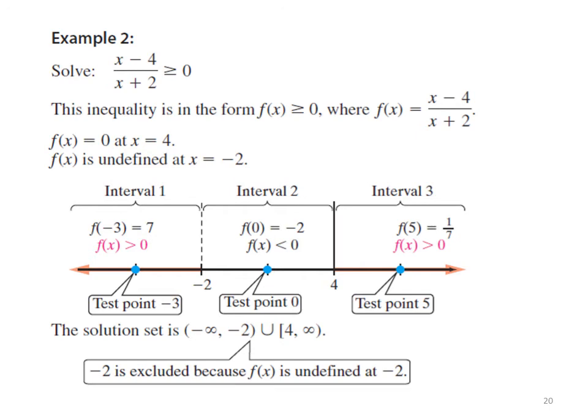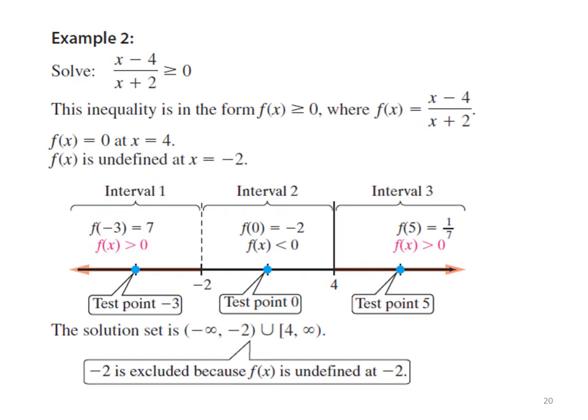So now we want the interval where the term is greater than or equal to 0. There are two solutions. The first interval is from minus infinity to minus 2. That's where the term is positive. Also from 4 to plus infinity, the term is positive. What about the boundary points? If you substitute minus 2, minus 2 is excluded because the function will be undefined.